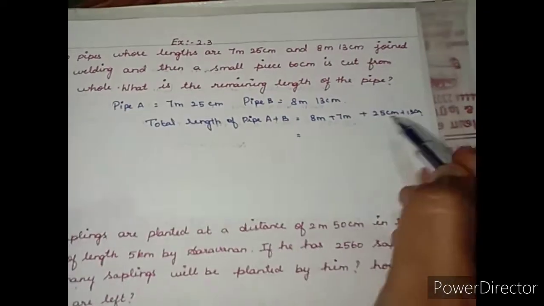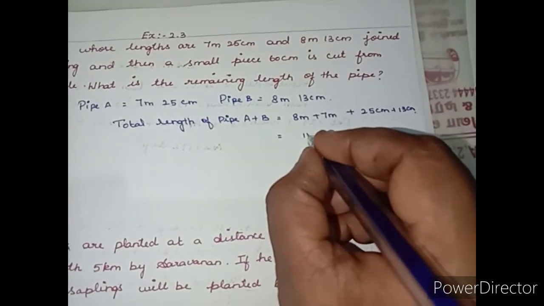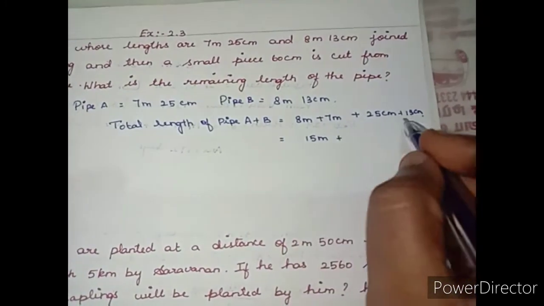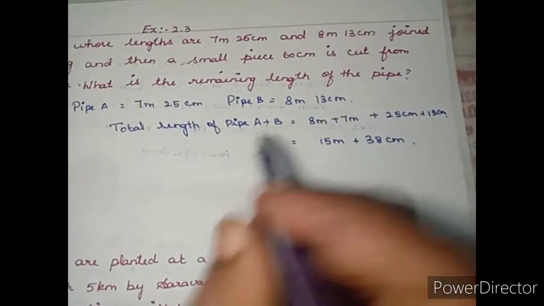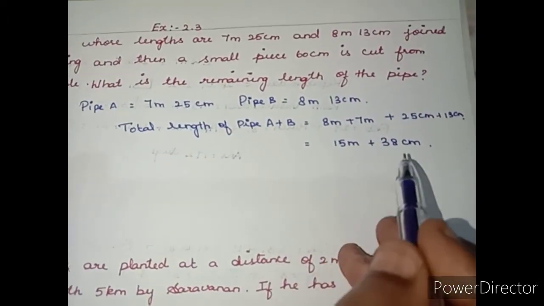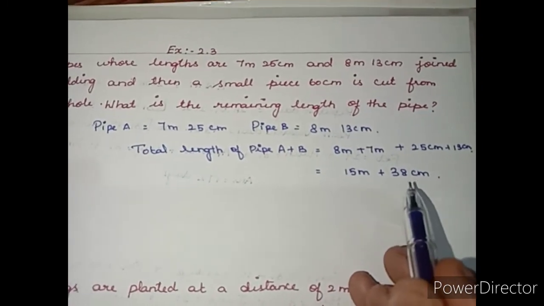So we have 8 plus 7, it is 15 meter plus 38 centimeter. So total length of pipe A and B is 15 meter and 38 centimeter.